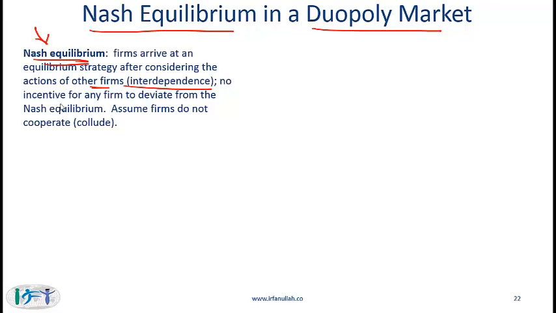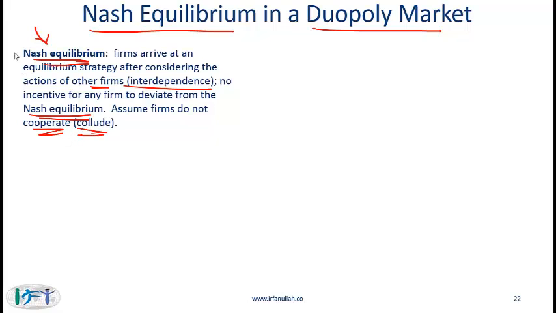There is no incentive for any firm to deviate from the Nash equilibrium. So that's why it's called an equilibrium. Once we are at this equilibrium, firms will stay there because there is no incentive to move out of this equilibrium. We also assume that firms do not cooperate. In other words, there is no collusion.